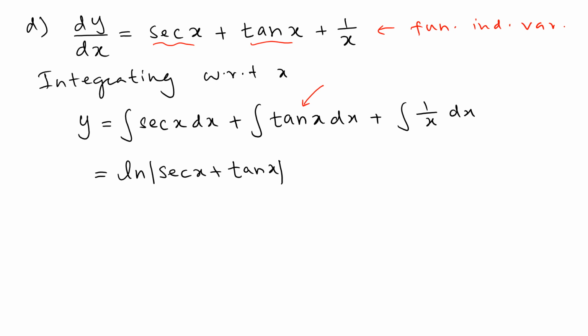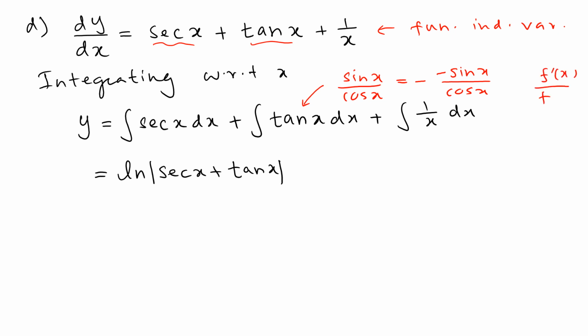The reason is you can write tan as sine over cosine, and then we know that the derivative of cosine is negative sine. So we put a negative sign outside and a negative sign inside, and you can see the top is the derivative of the bottom function.